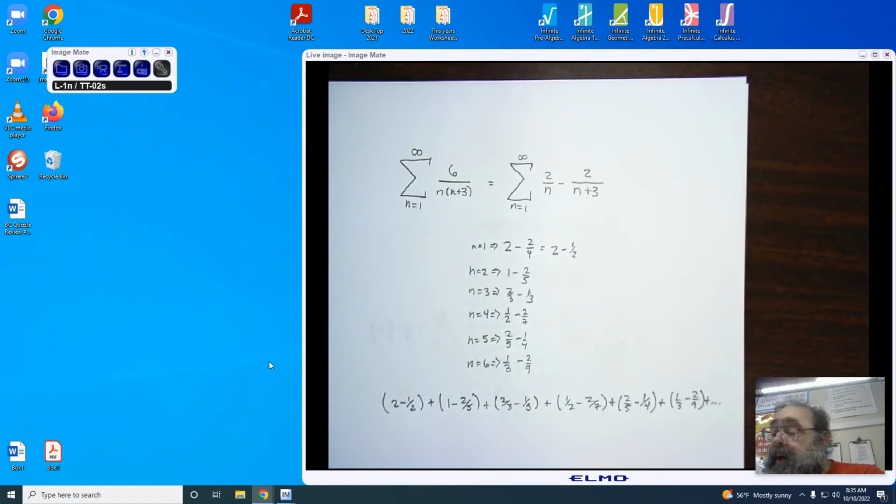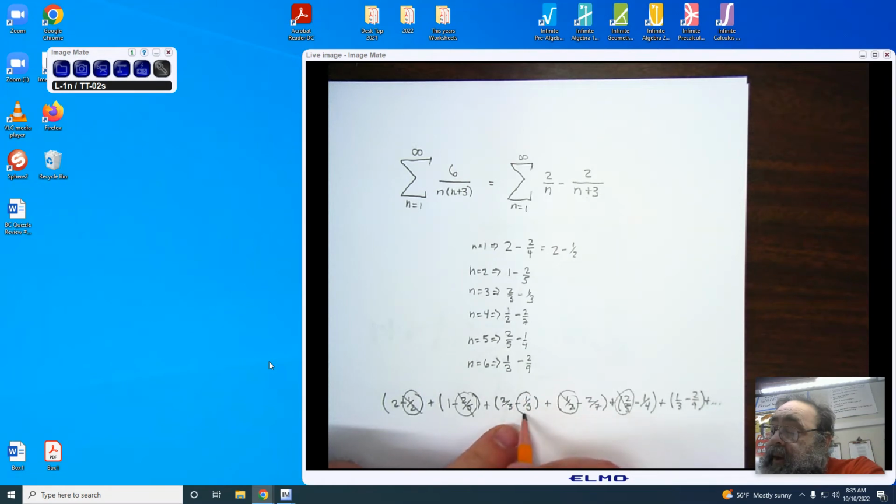But I want you to notice a couple of things. See how this 2/5 right here is positive? This 2/5 right here is negative? They cancel. Here's a 1/2, and it cancels with a 1/2. Here's a 2/3, and here's a 1/3. Let's go ahead and get rid of the 1/3. It looks like that's canceling.